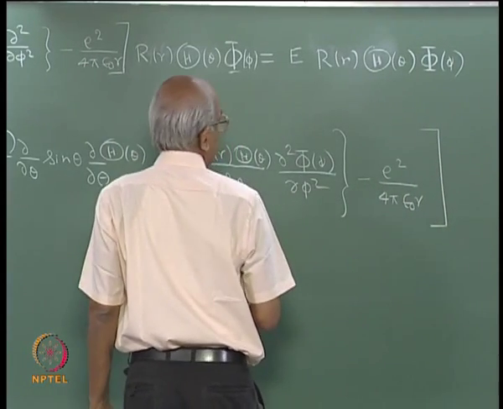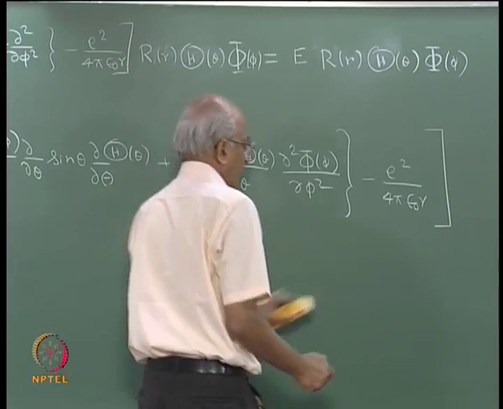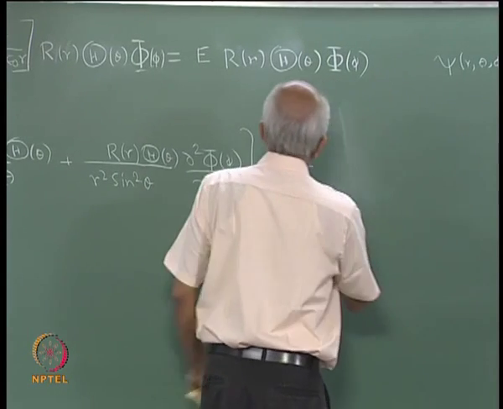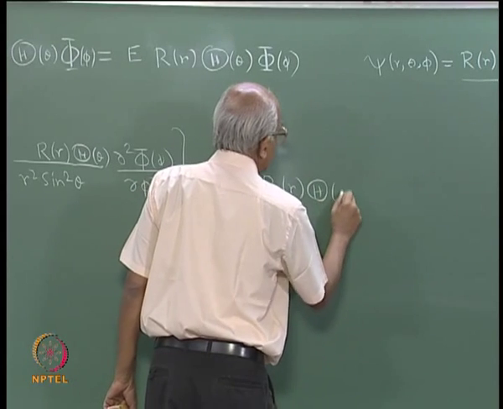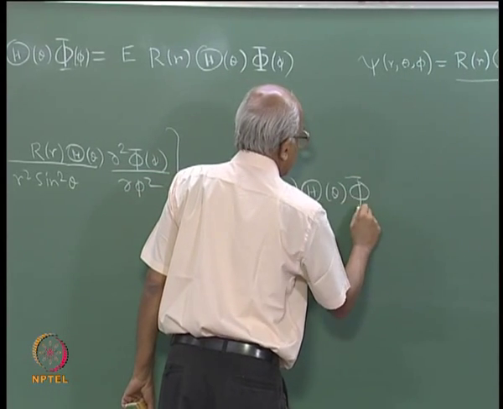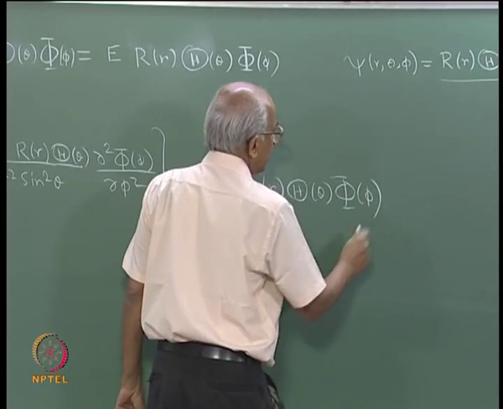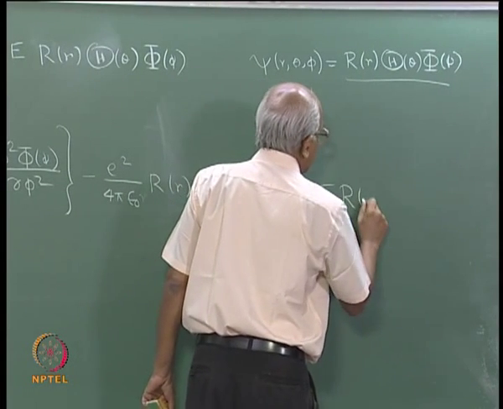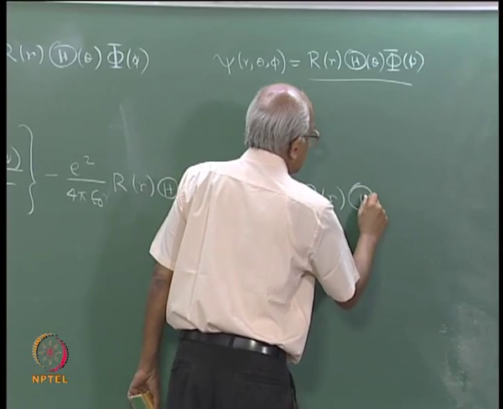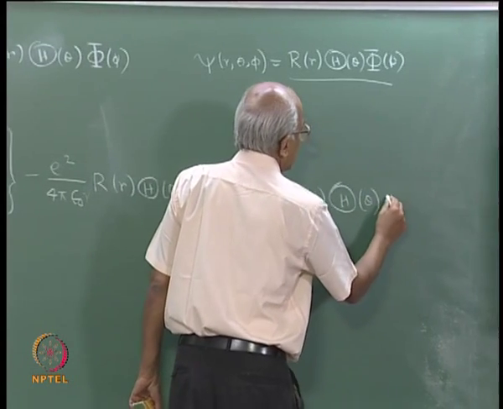Yeah, well, I have forgotten to put capital R, capital theta, capital phi of phi, and that is actually equal to E into capital R of r, capital theta of theta, capital phi of phi.